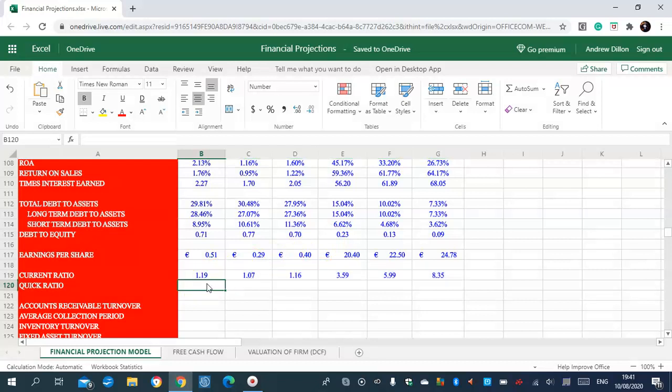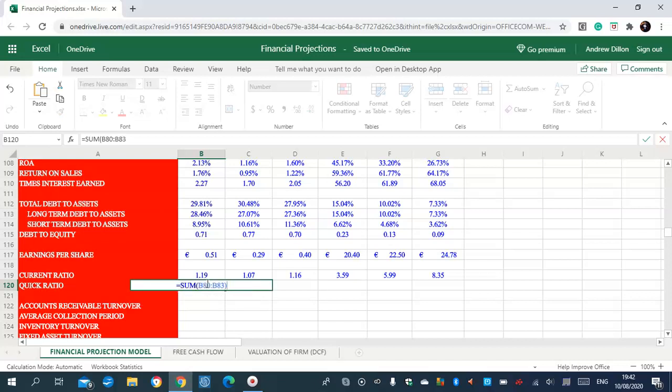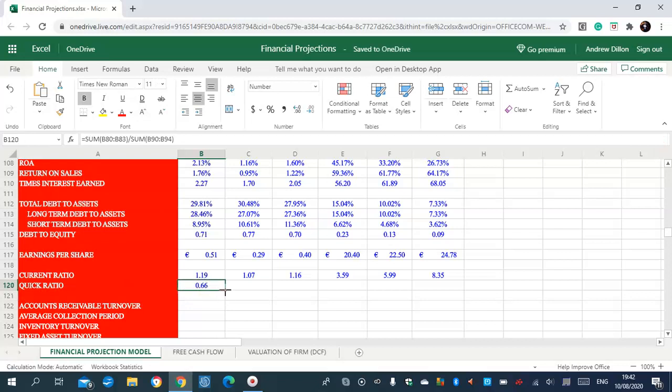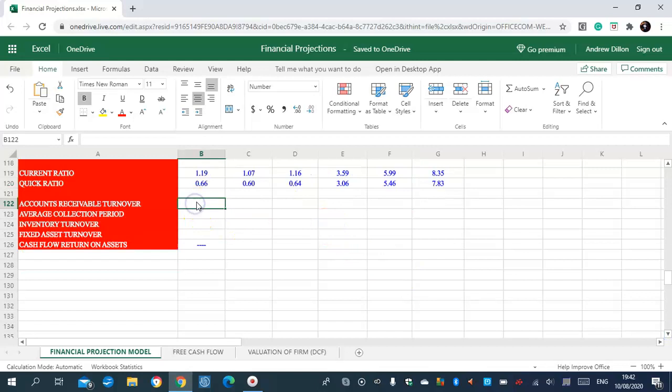Now let's calculate the quick ratio. Okay, just a few more left, and then I'll move on to the free cash flow sheet.